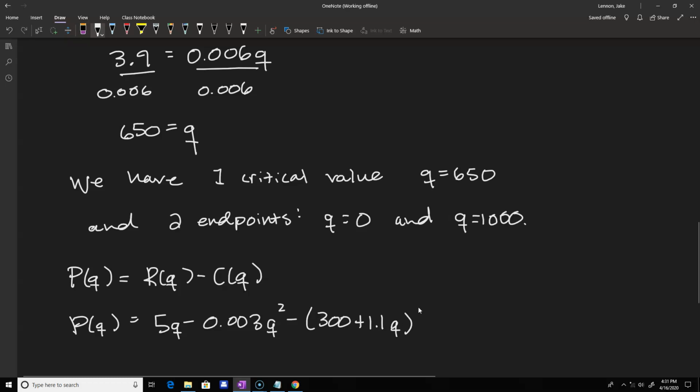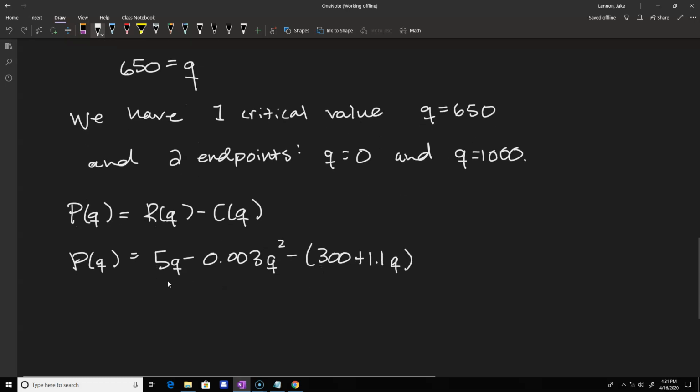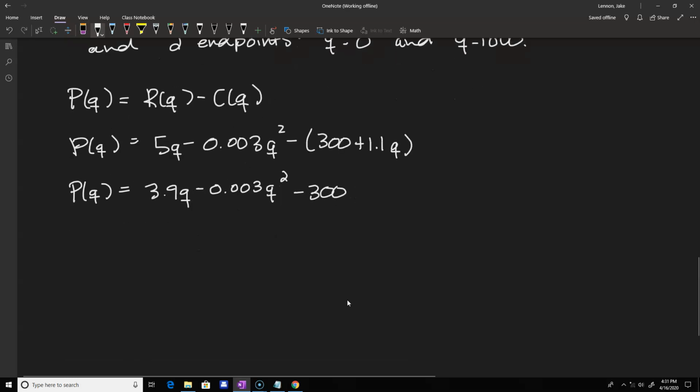We want to be sure to keep that 300 plus 1.1Q in parentheses. So our profit function can be simplified to 3.9Q minus 0.003Q squared minus 300.